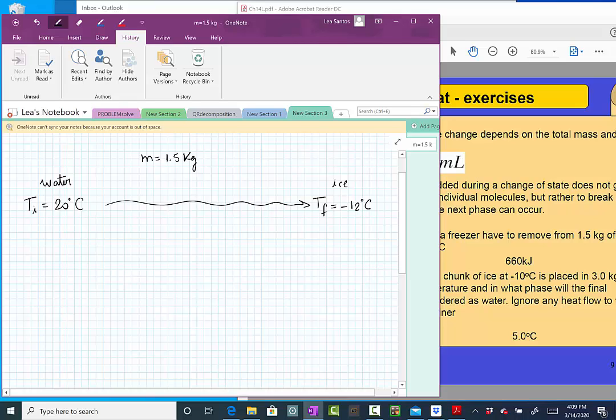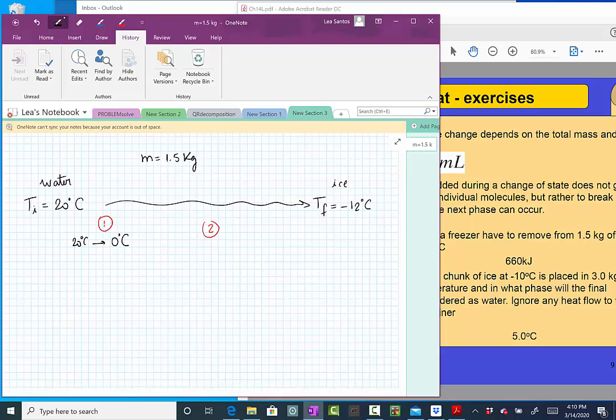So what are the steps involved in this problem? There are three different steps. First, we will go from 20 Celsius to 0 Celsius. So we will bring the water to 0 Celsius. This is my first step.